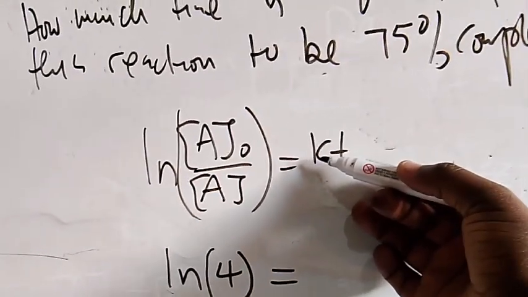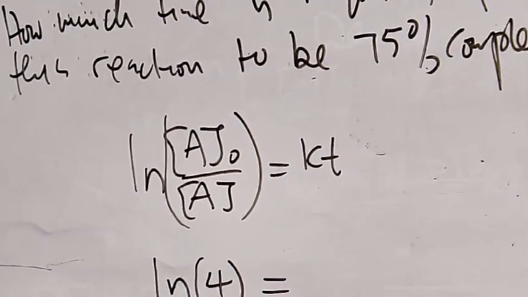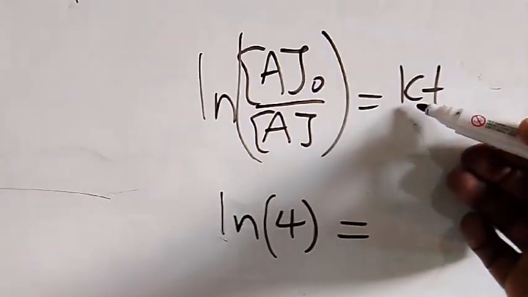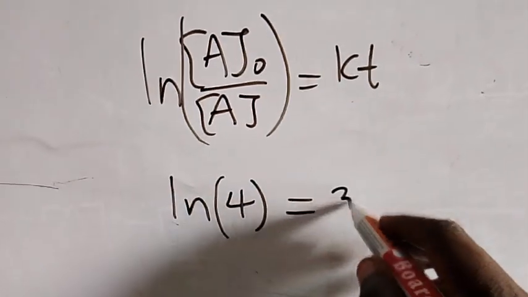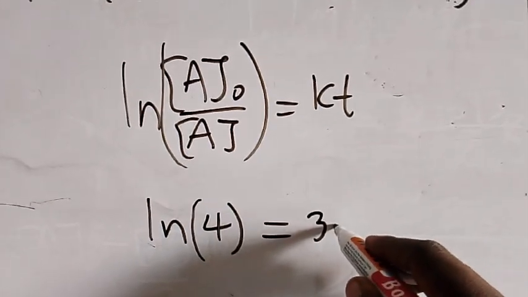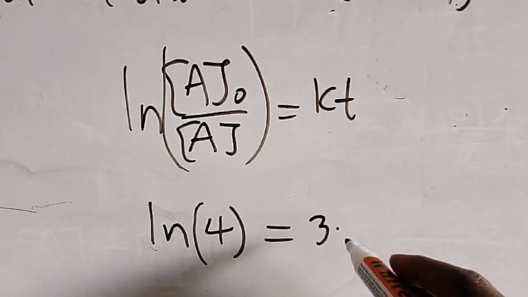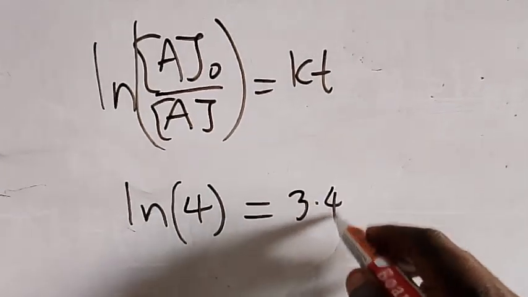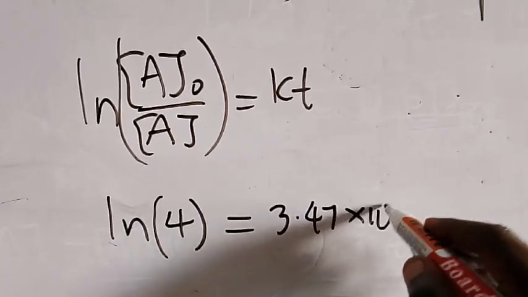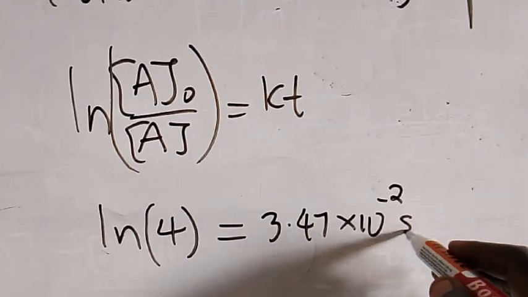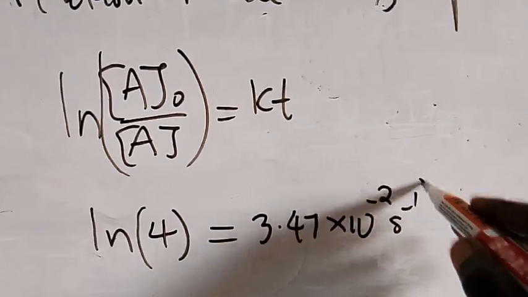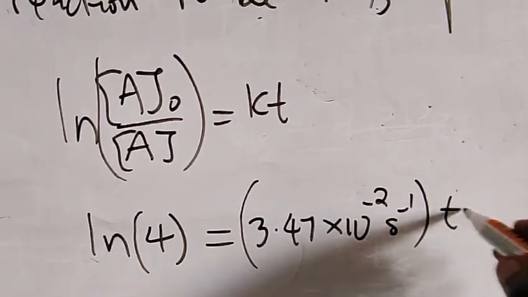We found our K, which is 3.47 times 10 to the power negative 2 per second.